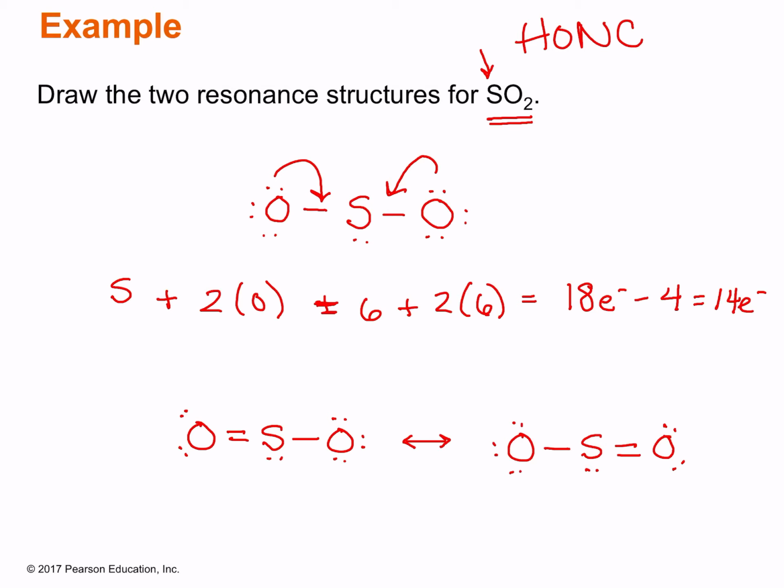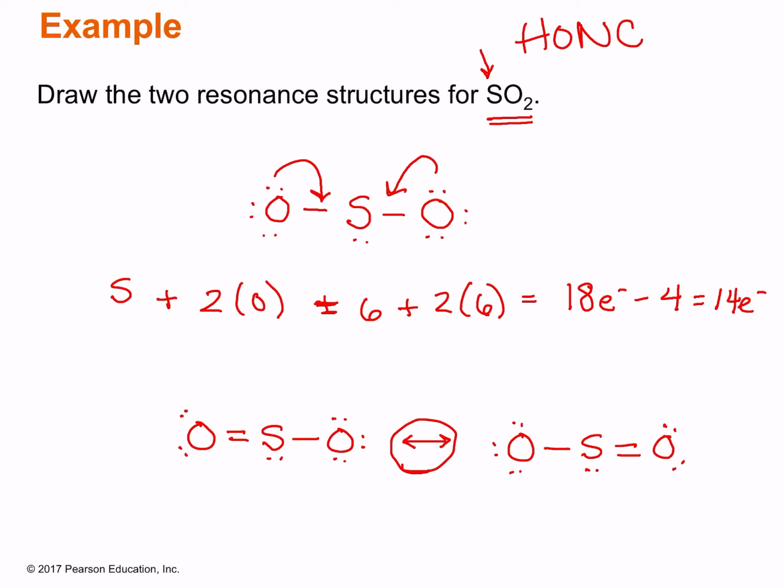Those are both correct resonance structures for sulfur dioxide. These are both correct Lewis structures. And again, make sure you're always separating them with a double-headed arrow in the middle. That is a symbol in chemistry that tells you that these are resonance structures.